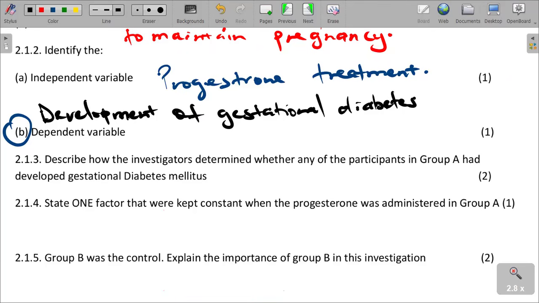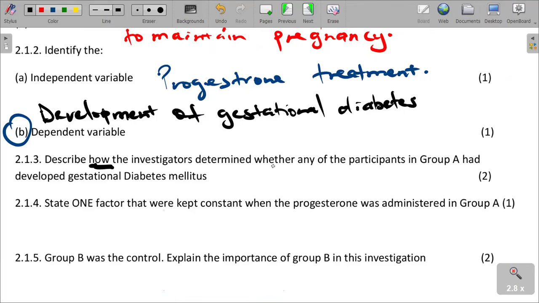Describe how the investigators determined whether any of the participants in Group A had developed gestational diabetes mellitus. So in this case, how do they see?